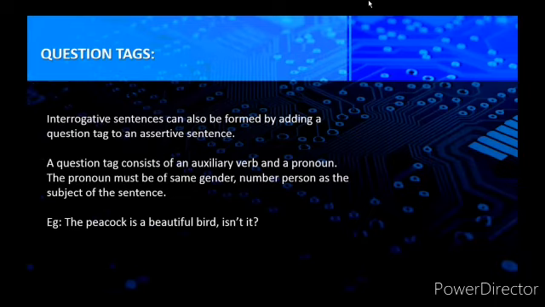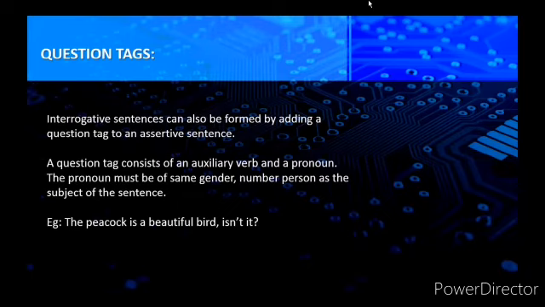A question tag consists of an auxiliary verb and a pronoun, like aren't we, or can't we. Question tags always include an auxiliary verb and a pronoun. The pronoun must be of the same gender, number, person as the subject of the sentence.